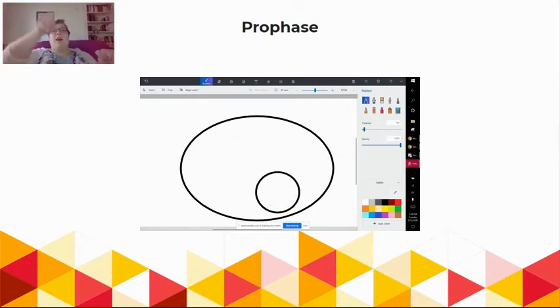Each side of that structure contains the same genes in the same order, and each half of that X is a single chromatid. So 2 chromatids join together to make one chromosome. That's happening during prophase. Also during prophase, the nucleus starts to break down. So the DNA is going to be free to move out into the cell in the form of these chromosomes.